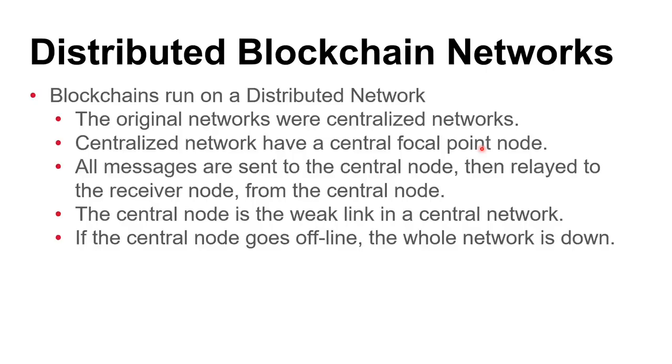Every node communicated with that focal point, and then messages were relayed from the central focal point to the receiver node. So it was always to the central node and back to the intended node for the message. The central node was the weak link in a centralized network, because if that went offline, the whole network went down.